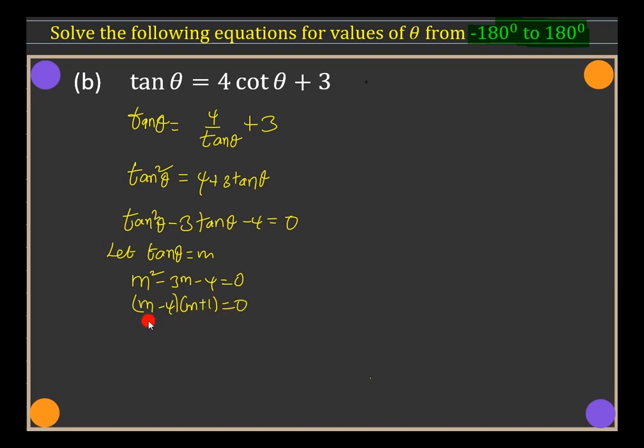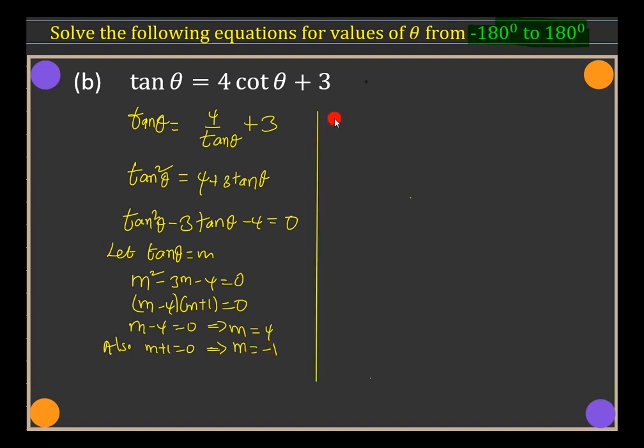Now this means that either m minus 4 equal to 0, implying that m is equal to 4, or we also have that m plus 1 equal to 0, implying that m is equal to negative 1.